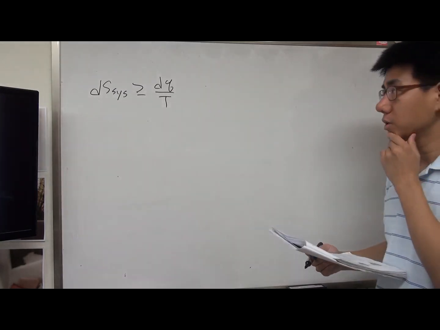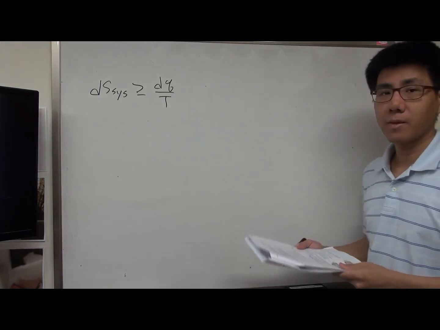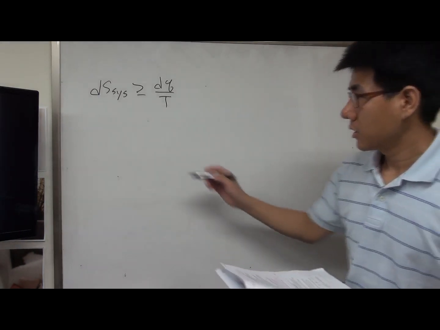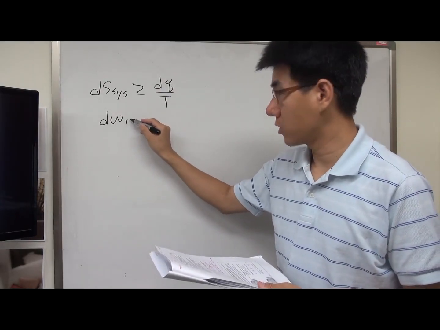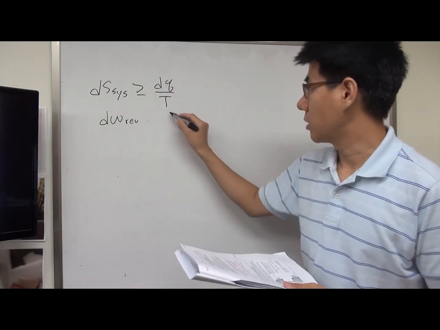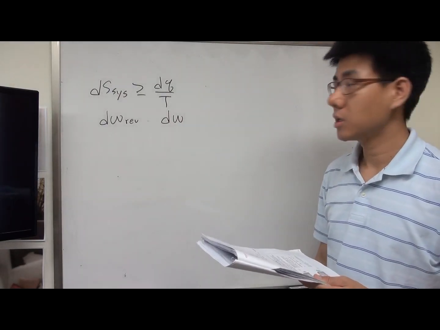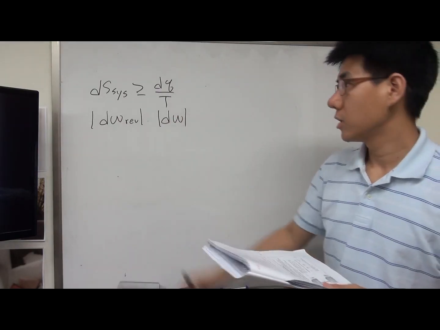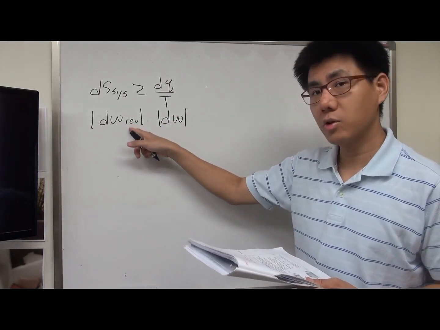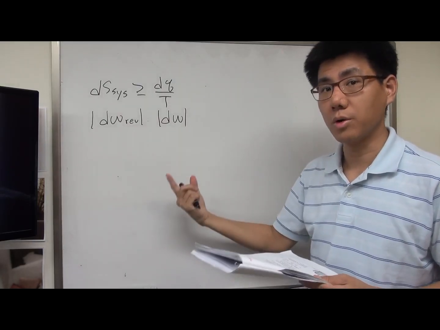Let's compare the reversible and irreversible processes. If you compare the amount of work done during reversible process and the amount of work done by irreversible process, if you just compare the absolute amount, during reversible process, the system does more work, right?